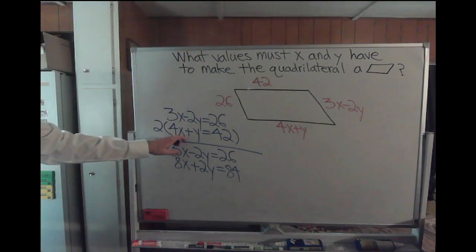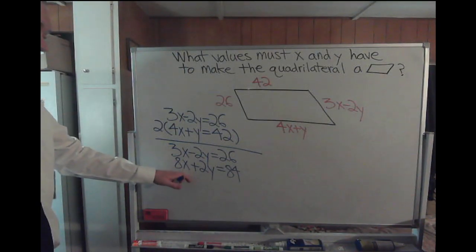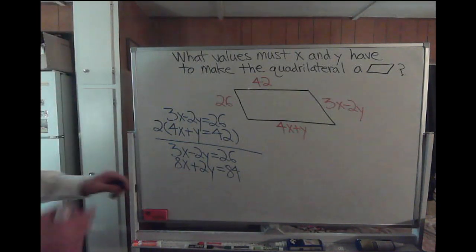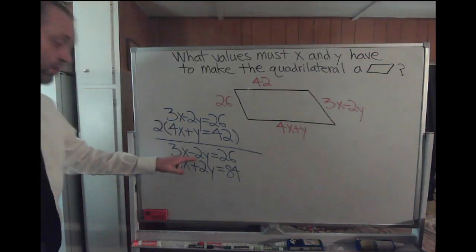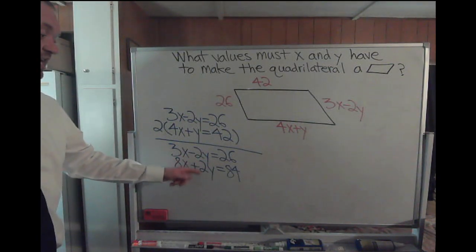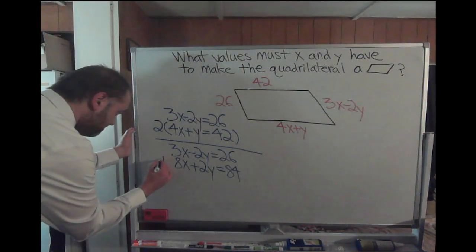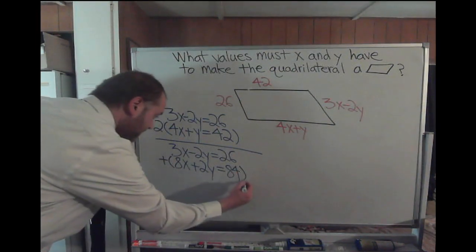So if you multiply the second equation by 2, you end up getting the second equation is 8x plus 2y equals 84. Now if we look at the y terms on each equation of this system, we can actually add these equations together now, and the y term will cancel out to solve this system of equations for the x variable.